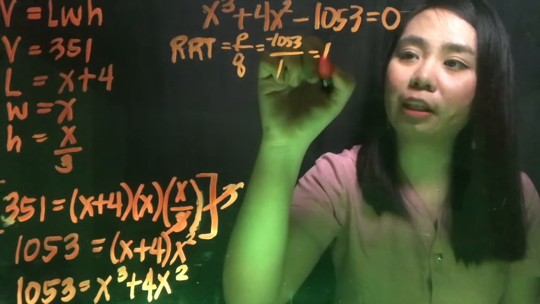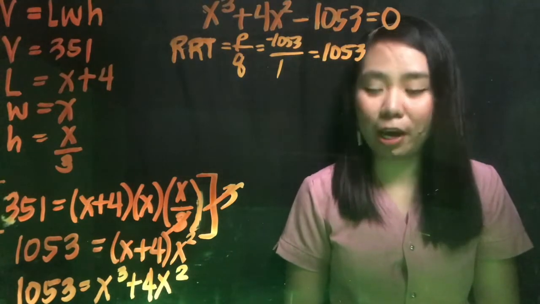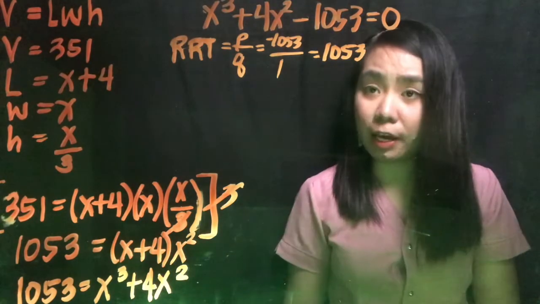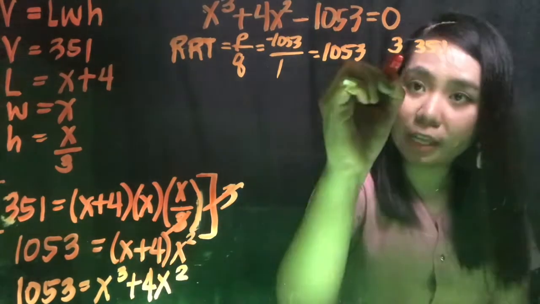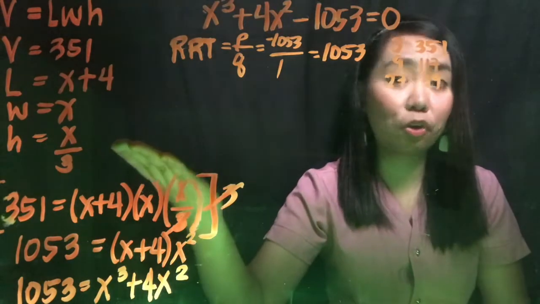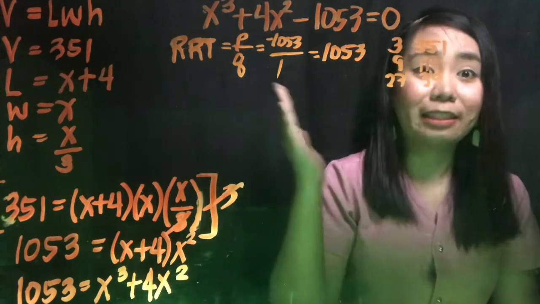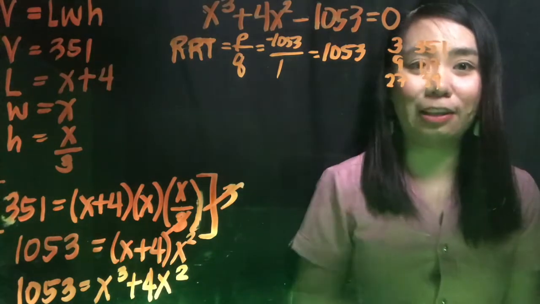So you have to get the factors of 1053. The number is quite large, and in solving, I have found out that the factors are... Again, we are looking for the dimensions or the length. So in this case, the answer must be positive. So we will just be entertaining positive answers here.